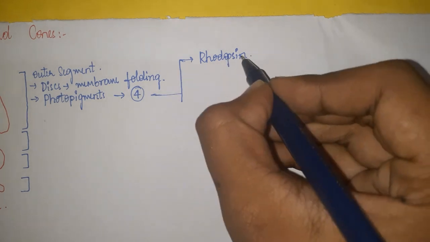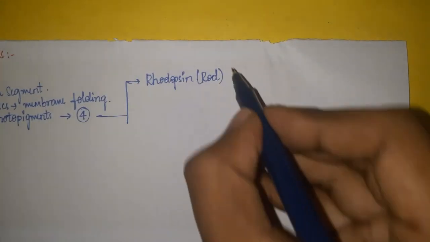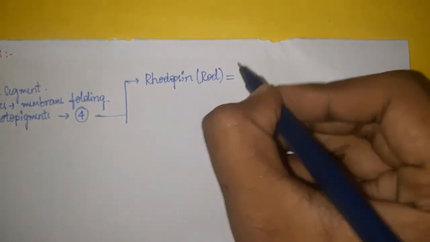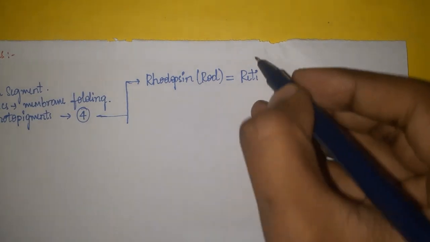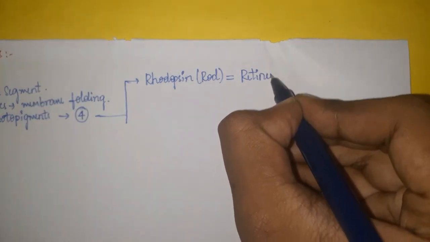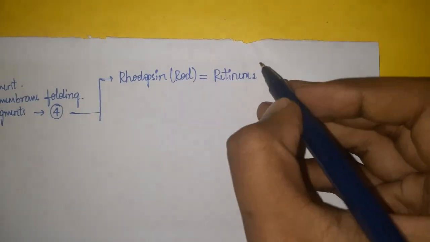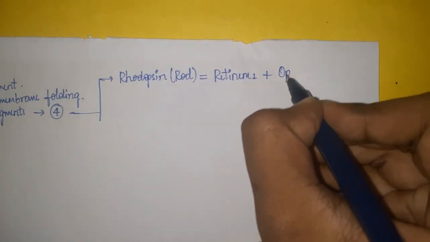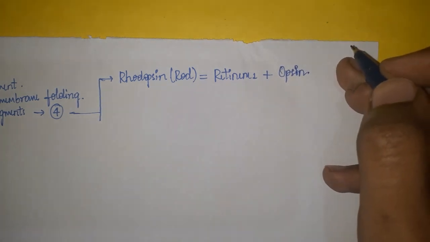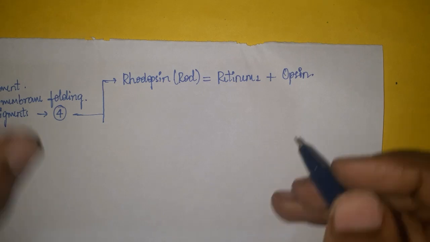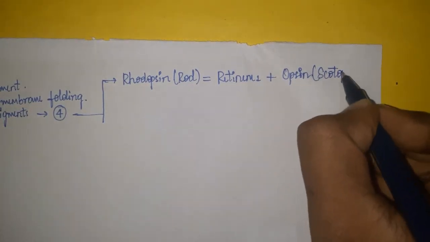This is the rhodopsin present in rods. What are the constituents? Retinine, or retinal, you can call it, plus opsin. Particularly, the type of opsin present in rhodopsin is scotopsin.